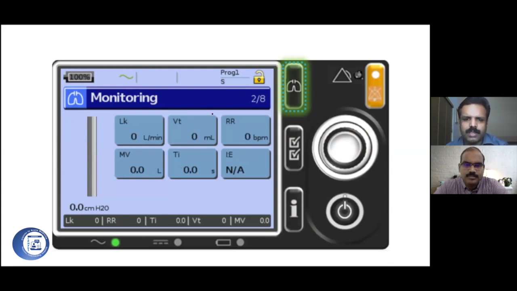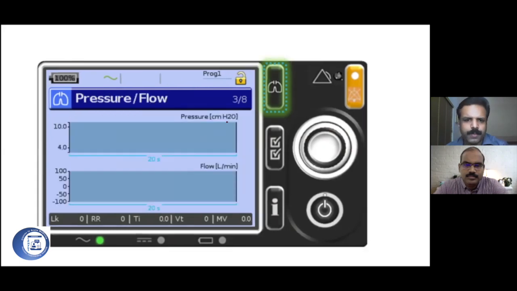Okay, so this is the second page of monitoring. And in the third page, you can see the pressure and flow, something like our PV scalars. The pressure-time and flow-time scalars you can see. Depending on that, you can see whether all the efforts are picked up by the machine or not picked up by the machine.